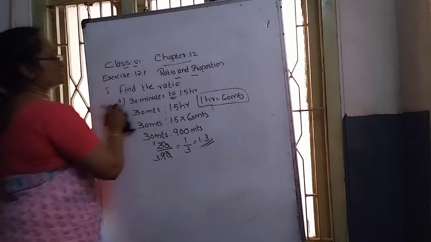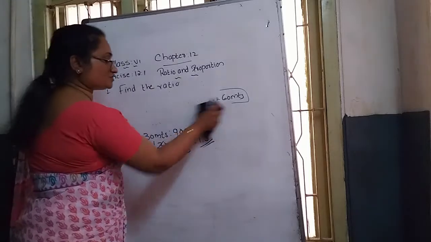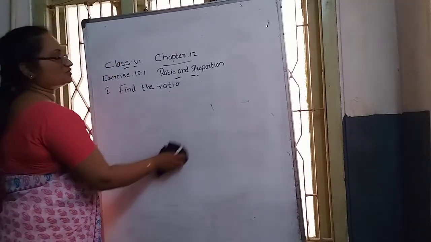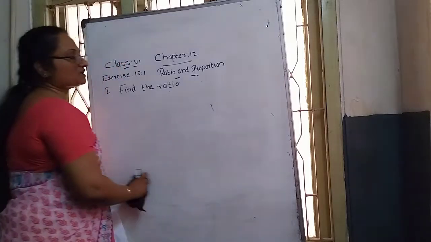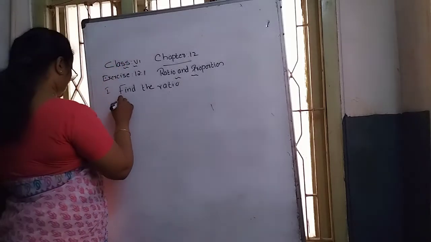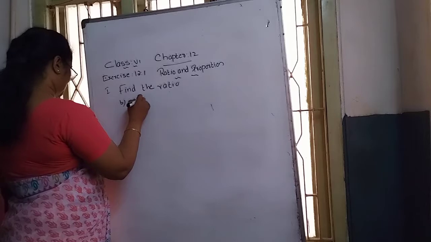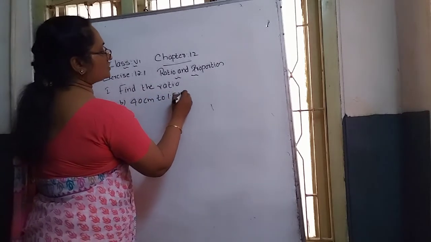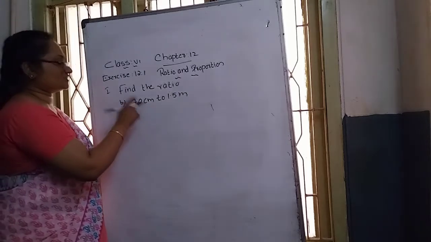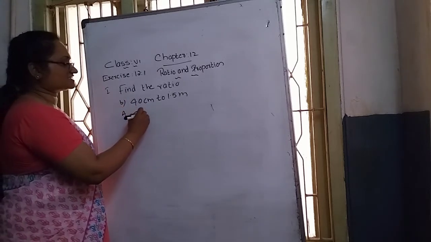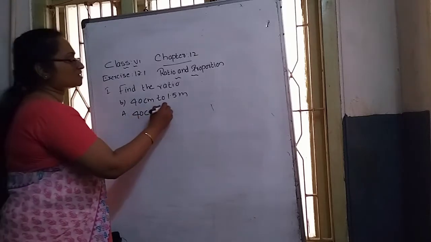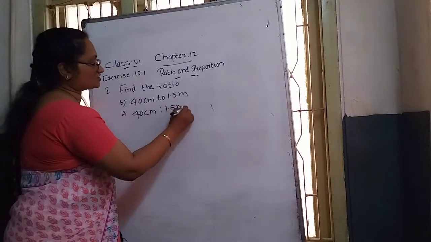Next we go through the B question. First check whether they are in the same unit or not. If not, convert to the same unit. The question gives 40 centimeter to 1.5 meter. The first step is to write it as a ratio, with the ratio symbol in place of "to".